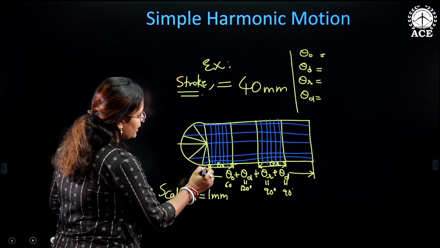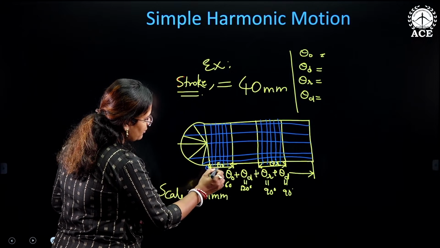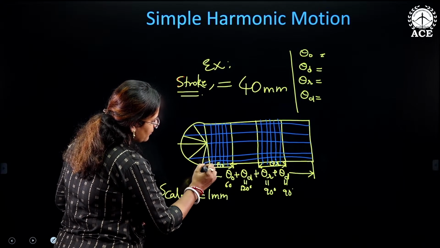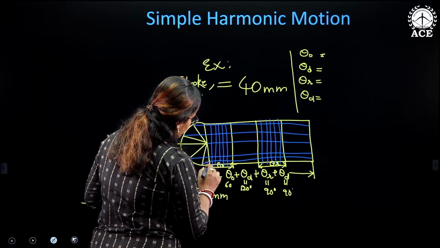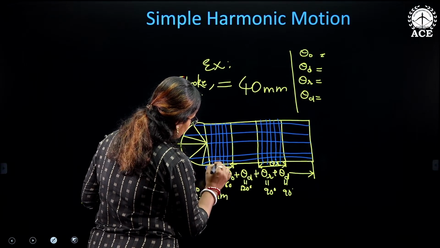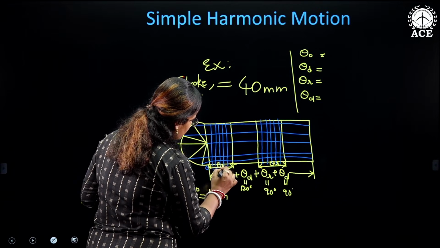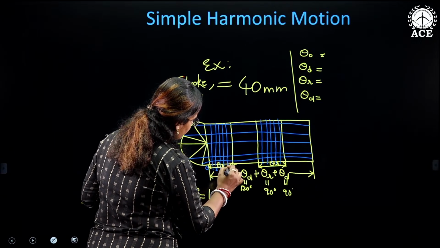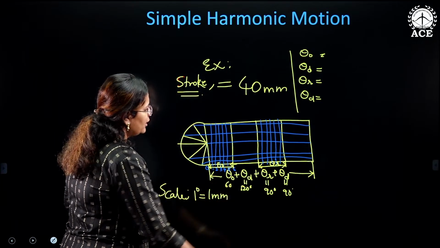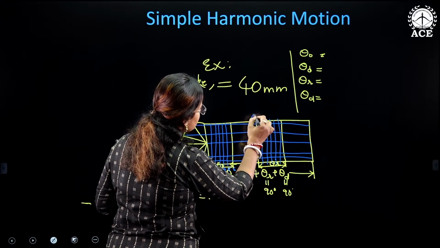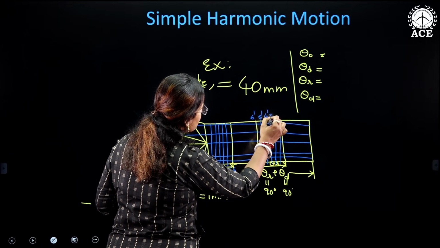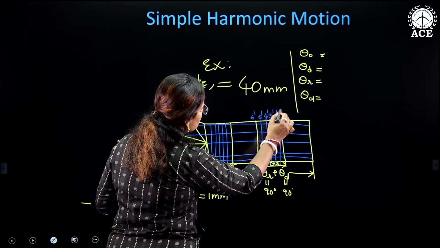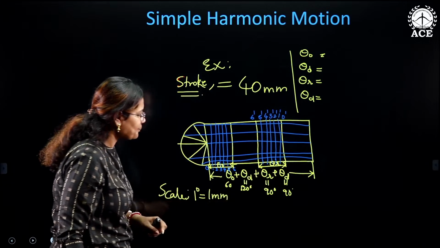Let us say here 0. The first division is 1, 2, 3, 4, 5, 6. Here we will start with 6 dash, 5 dash, 4 dash, 3 dash, 2 dash, 1 dash and 0 dash.